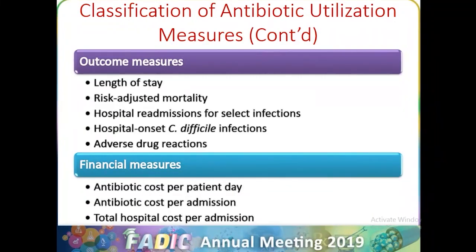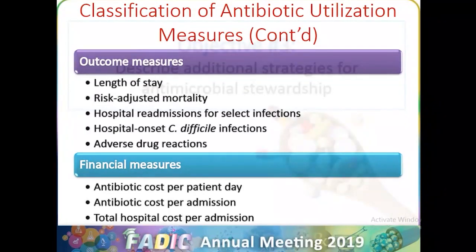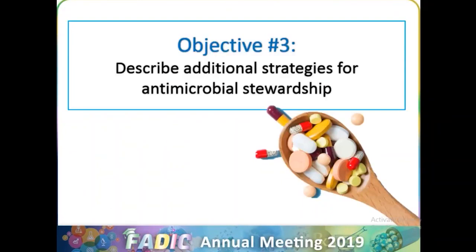Now, our last objective is to describe additional strategies for antimicrobial stewardship. According to the playbook, the first is accreditation and reporting, which basically means the playbook highly recommends following the standards for antimicrobial stewardship developed by accreditation bodies.